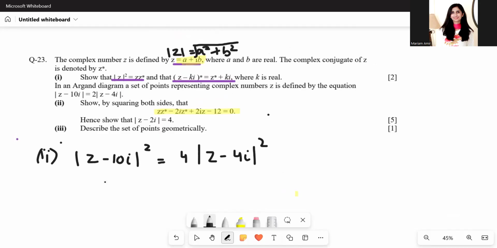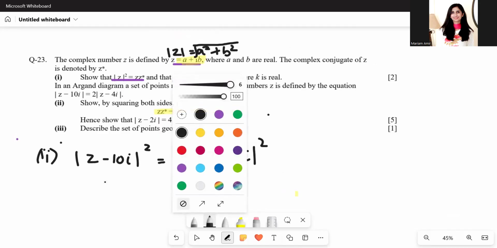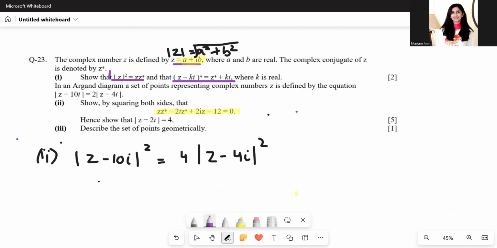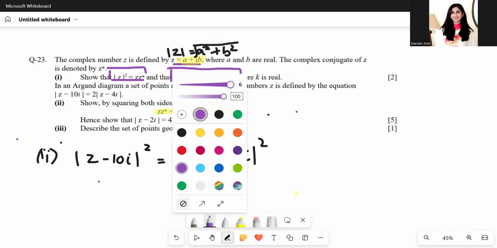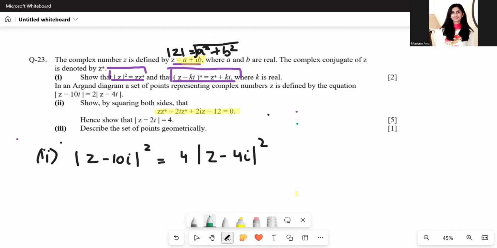Now how do we expand this? We will go back to the given proofs and use these. We know that when we square a modulus, we get z times z conjugate.